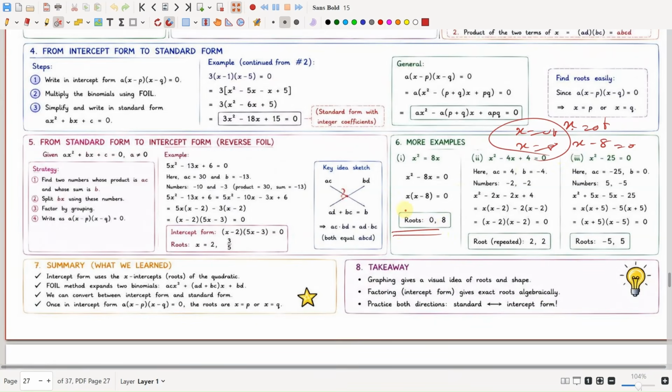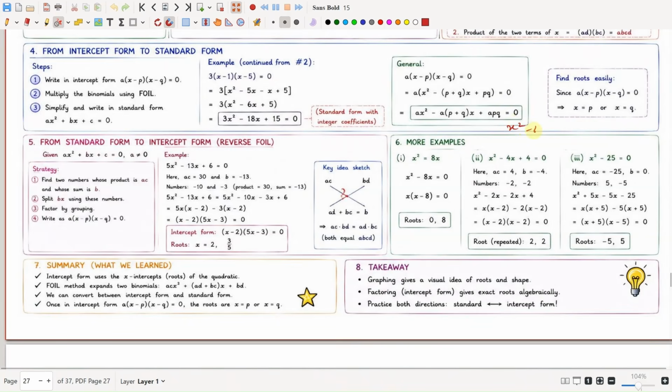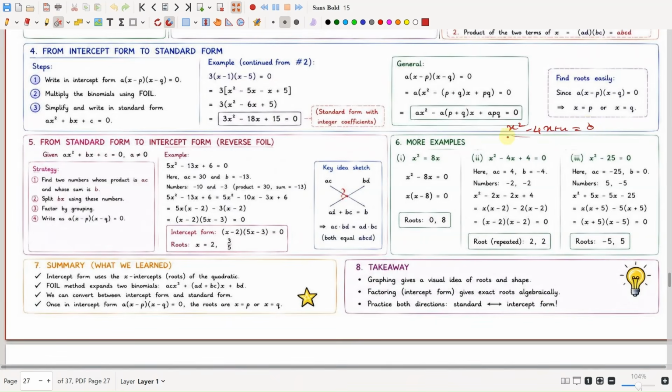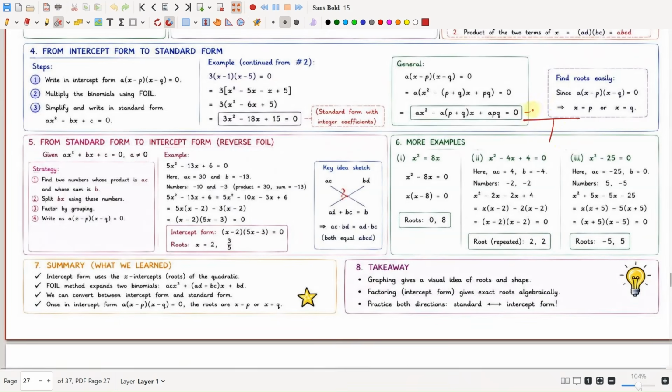Okay, and see the next equation here, x square minus 4x plus 4 is equal to 0. See, I'm having some common values here, right? We can also use the T method to solve this. You know the T method, right? Minus 4, 4. I have to get the product as 4, but the sum should be minus 4.